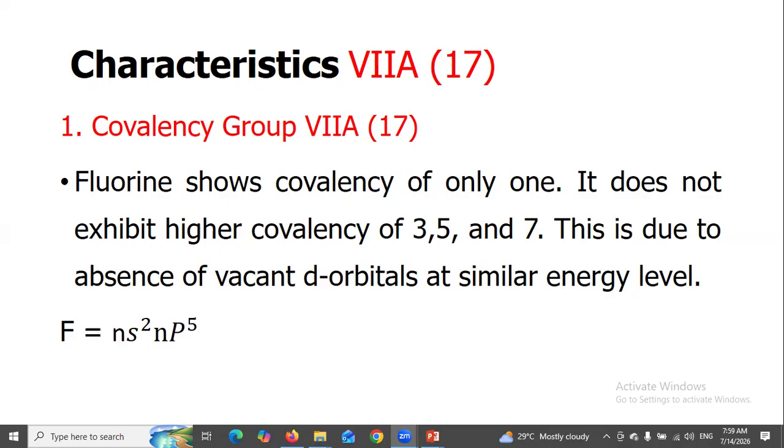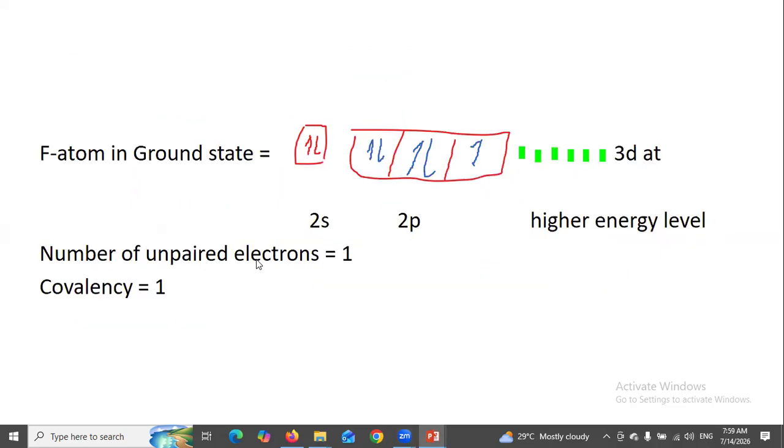For example, the electronic configuration of fluorine is 1s2 2s2 2p5. Fluorine atom in ground state: 2s, 2p, and 3d is the higher energy level. Number of unpaired electrons, 1. So covalency, 1.